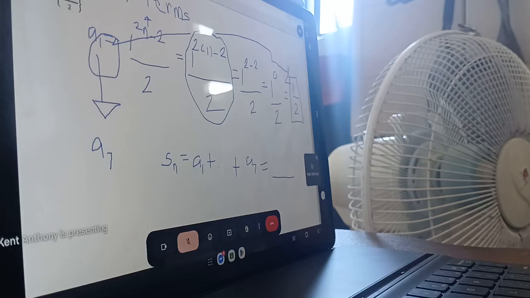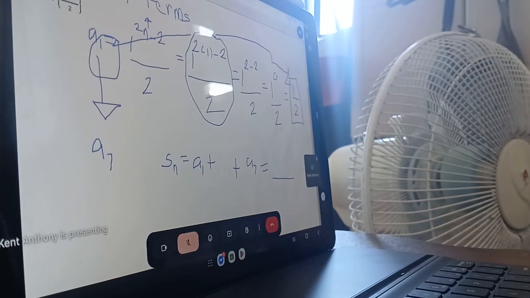2, 4, 6, 8, 10, 12. 2 times 7 is 14 minus 2. Half.